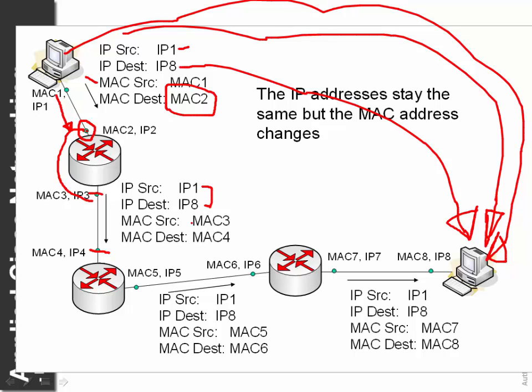Again, the IP address doesn't actually change. Then this router forwards that on, and the data frame that's transmitted has a source MAC address of MAC5 and a destination of MAC6. Only when it gets to the last network does the actual MAC address of the destination node need to be resolved.